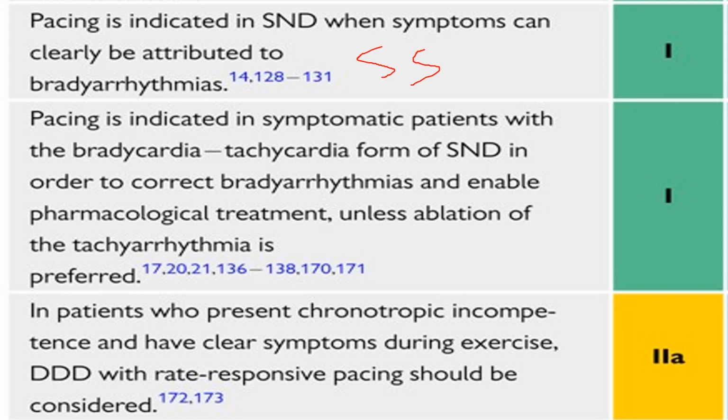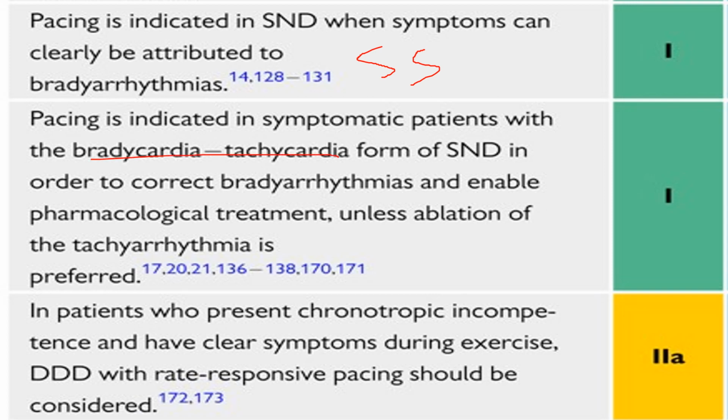Second point is pacing is indicated in symptomatic patients who are having tachy-brady syndrome. Now, this is one of the important types of sinus node dysfunction because sometimes this might make the clinician confused whether this patient is having a tachyarrhythmia or a bradyarrhythmia. In these types of patients, you need to clearly identify the diagnosis of brady-tachycardia syndrome.